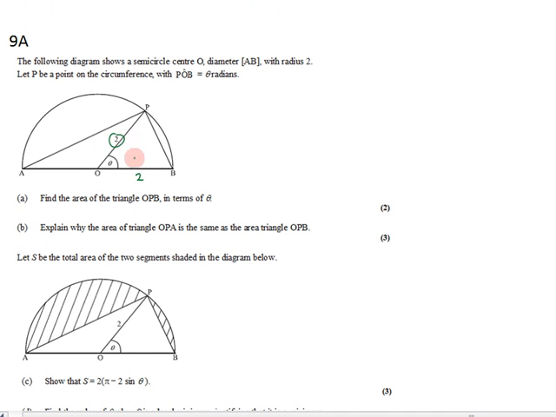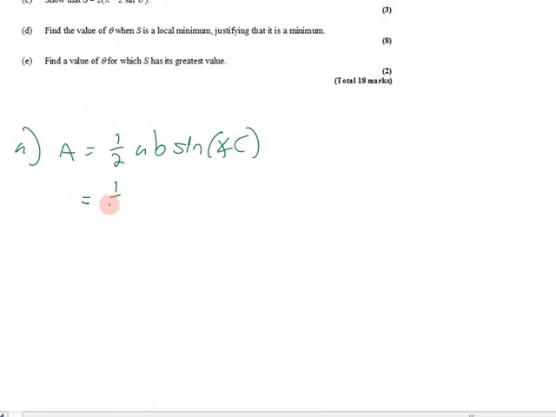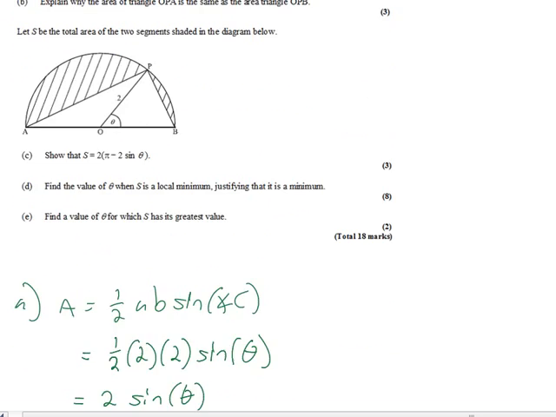So both sides must have length 2, and the angle between them is given as theta. So the area is equal to 1/2 times 2 for a, 2 for b, and the sine of theta for angle C. This gives me 2 sine of theta for the area of that triangle.